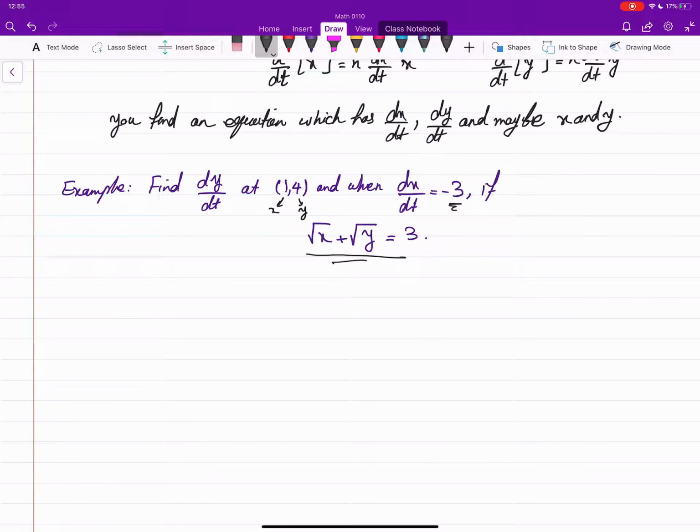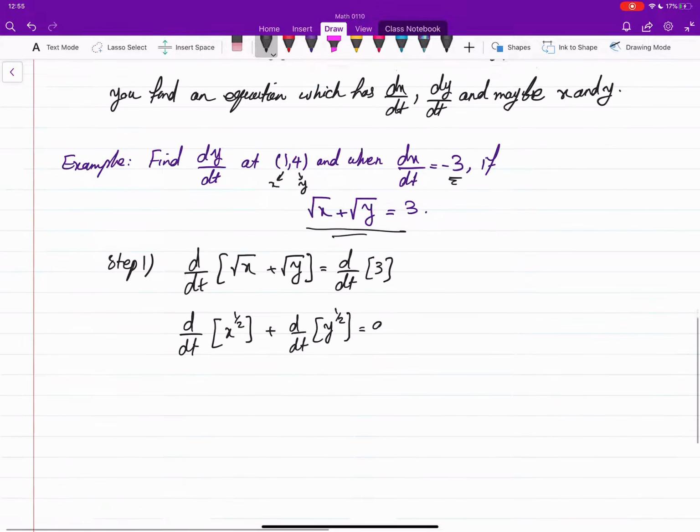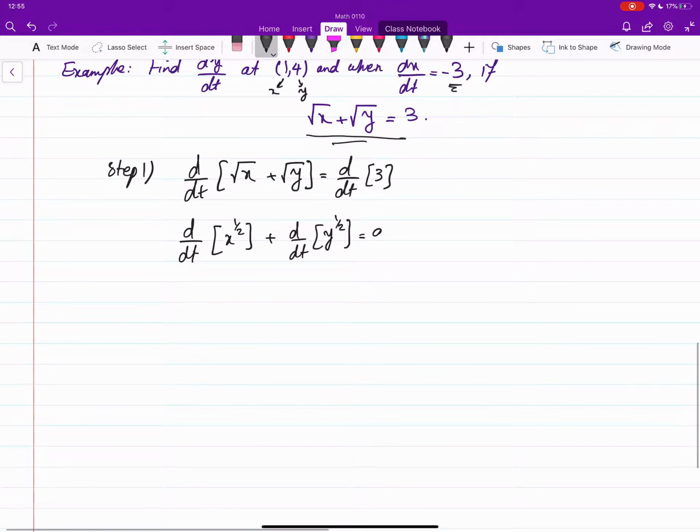So as we had, start with step 1, differentiate with respect to t. So this is d dt of root x plus root y equals d dt of 3. And this gives us, okay, very nice, x to the power half and y to the power half. Well, derivative of 3 is 0. That's derivative of constant is 0.